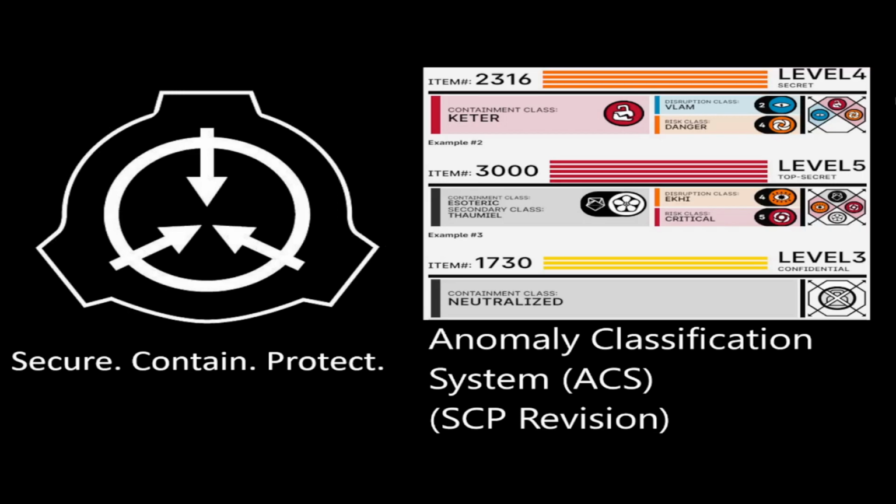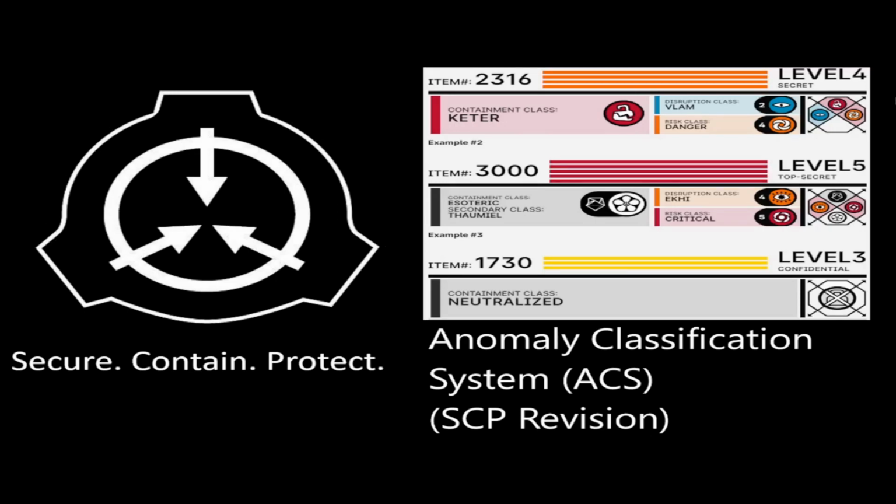Confidential, fully available to all personnel Level 3 or above unless otherwise specified. Secret, fully available to all personnel Level 4 or above unless otherwise specified. Top Secret, locked to all personnel without express permission or overseer clearance level.